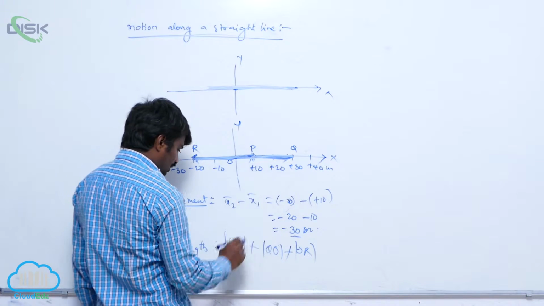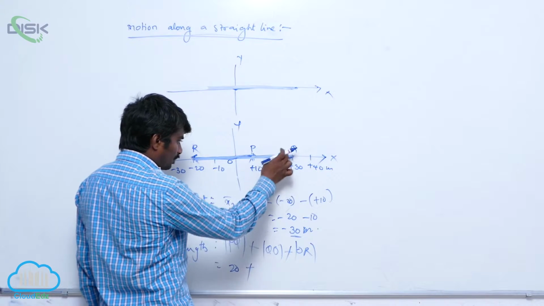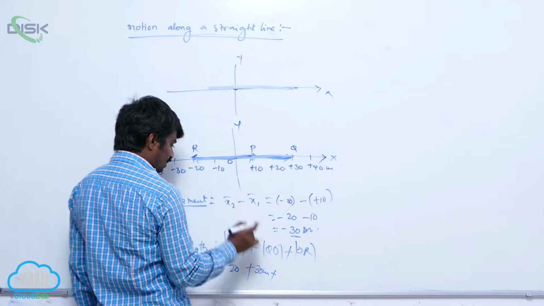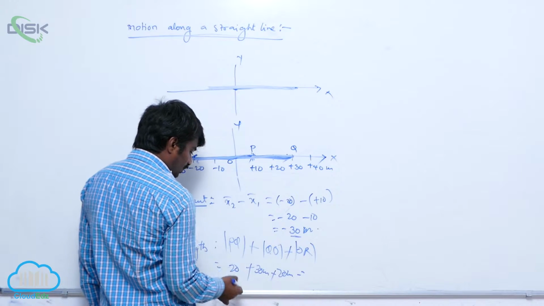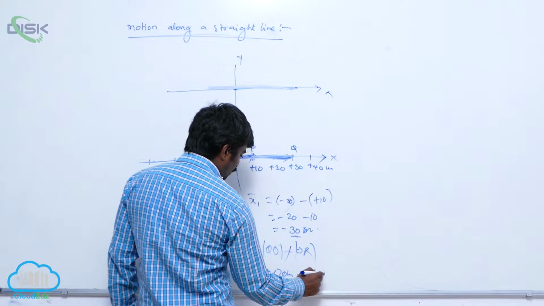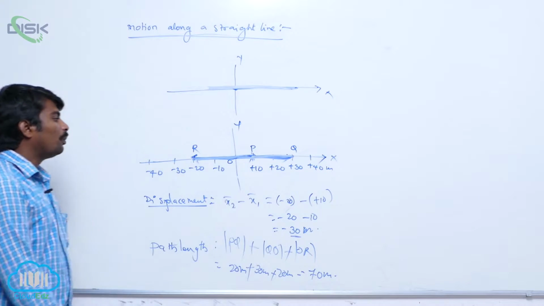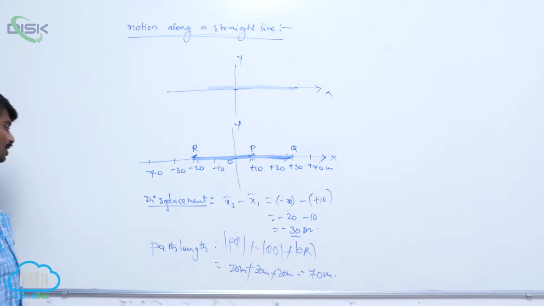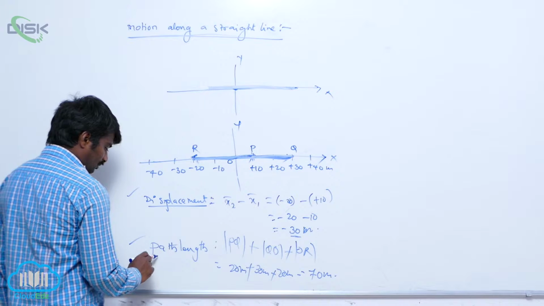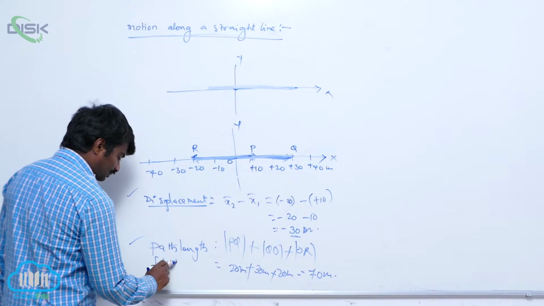So P to Q is 20 meters plus Q to O is 30 meters plus O to R is 20 meters. That is equal to how much? 20 plus 30, 50 plus 20, that is equal to 70 meters, the path length. So displacement is a vector quantity, and path length, somebody calls this distance.